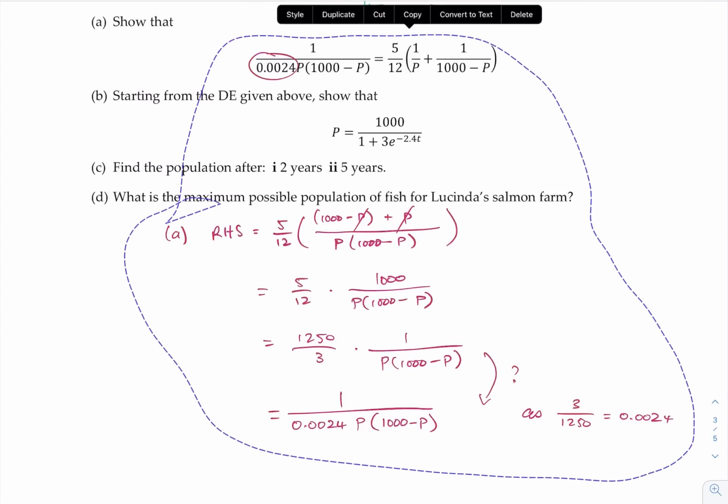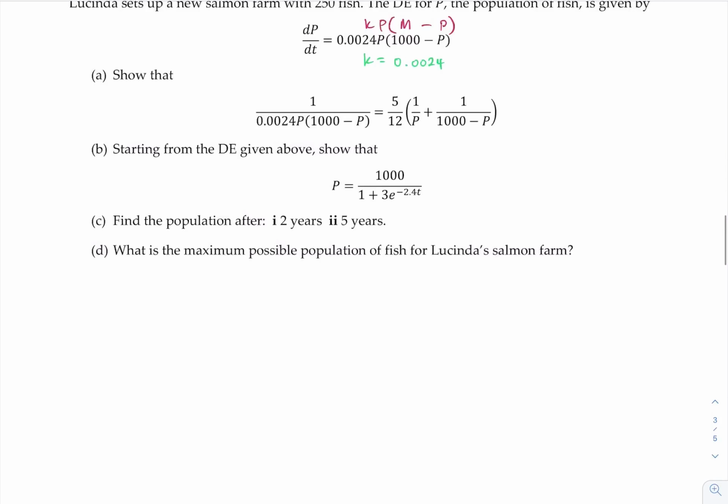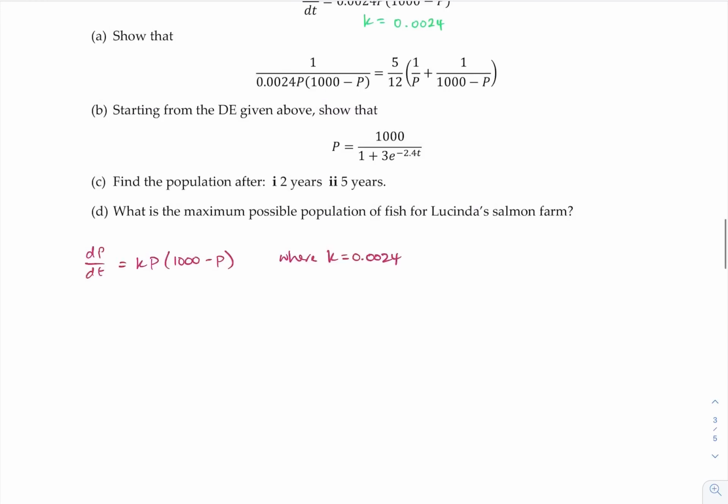Right, let's work on this. So I've got dp dt. I'm going to write kp, 1000 minus p. Okay, you give me this question in an exam and I'm setting myself up like this because I do not want to write 0.0024 every line.